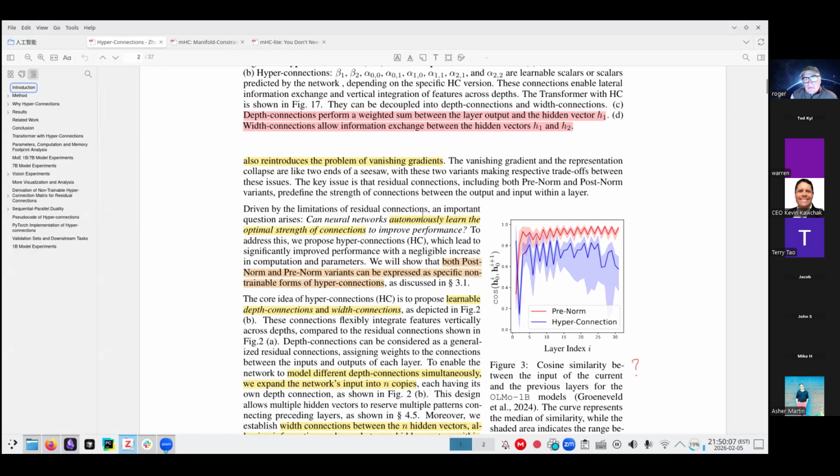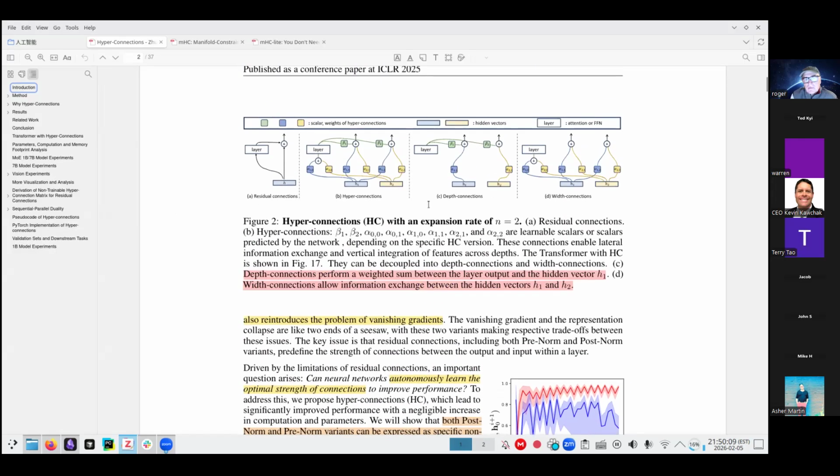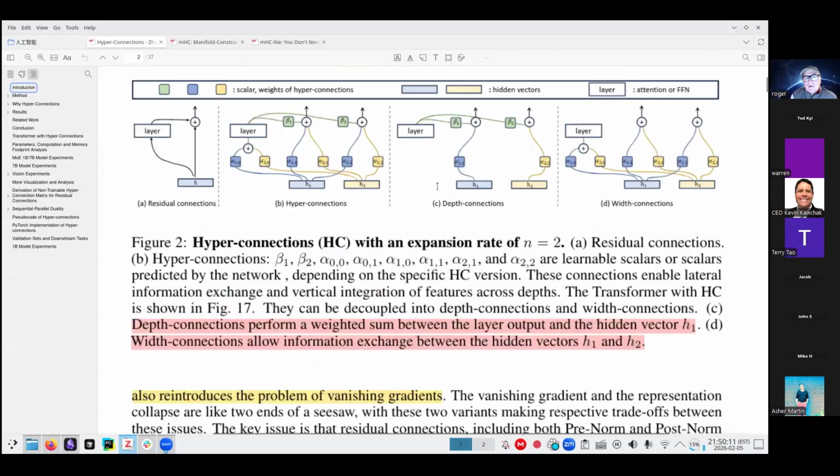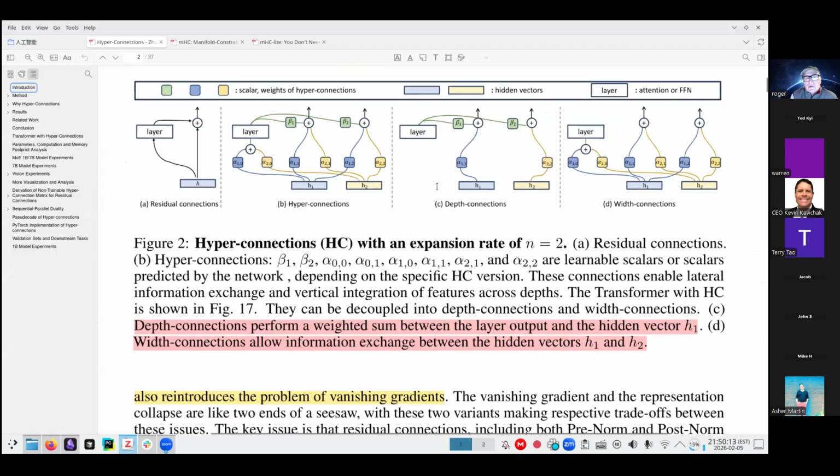In this picture, they divide the connection pattern into depth connection and width connection.